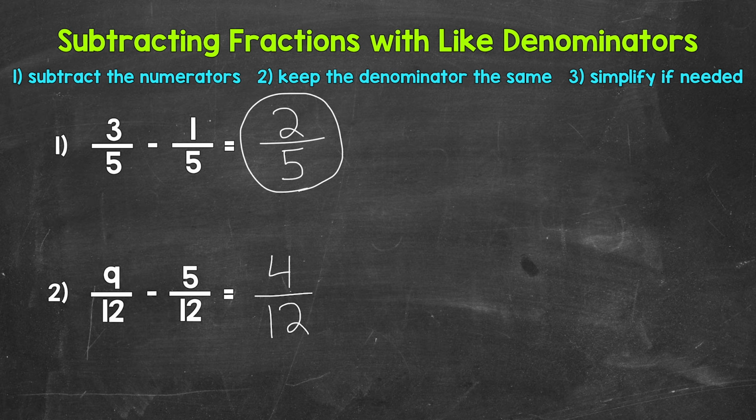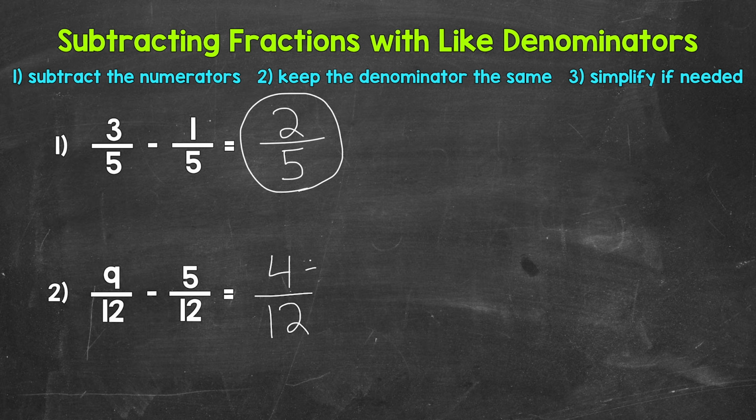Now 4/12 can be simplified. We have common factors other than 1 that we can divide 4 and 12 by. The greatest common factor is 4. We can divide 4 by 4 and 12 by 4.